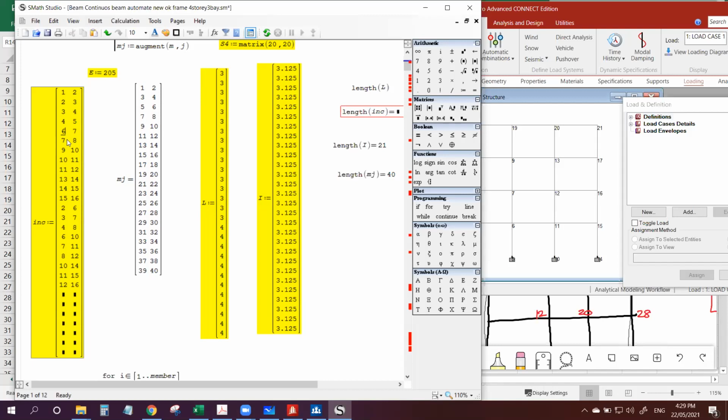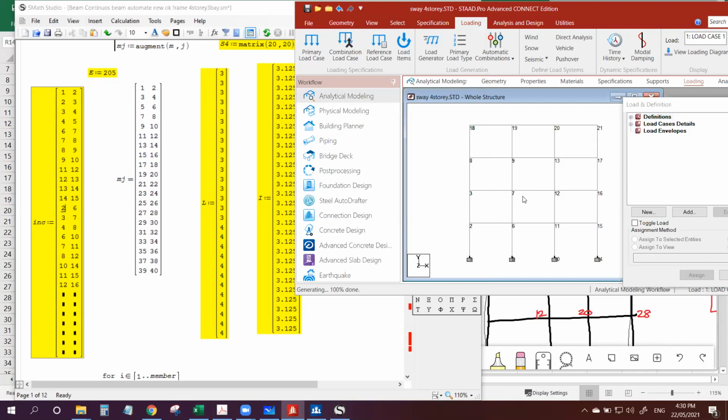So this is 6-7, 6-7, 7-8, 8-9, then 9-10. Then 11-12, 12-13, 13-14, 14-15. Shift N. Shift S pala.